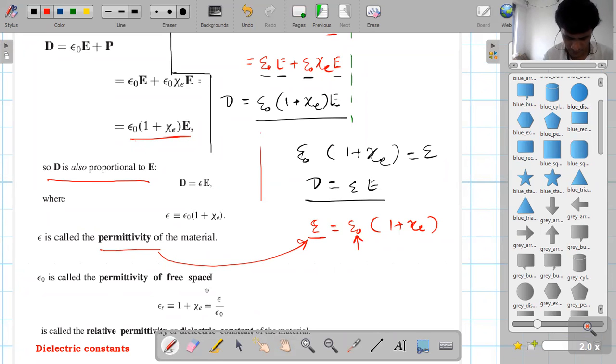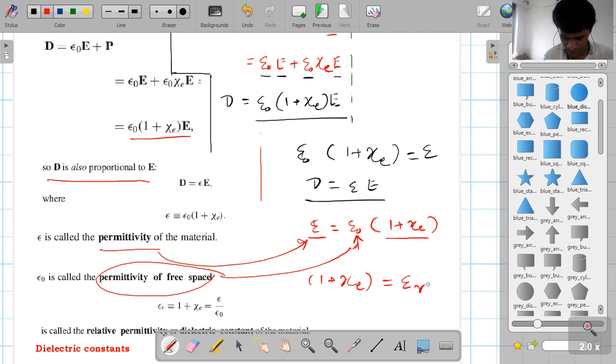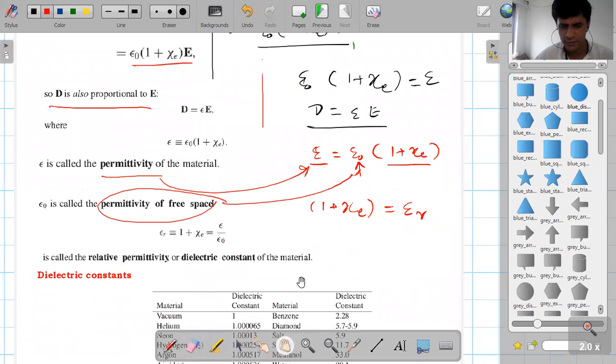And this 1 plus chi E is equal to epsilon R.